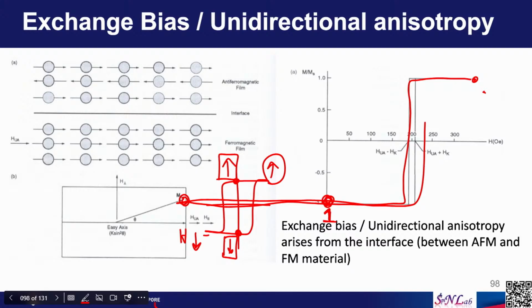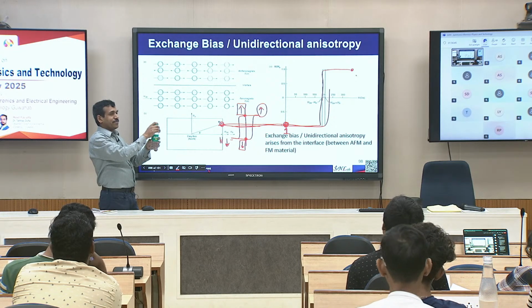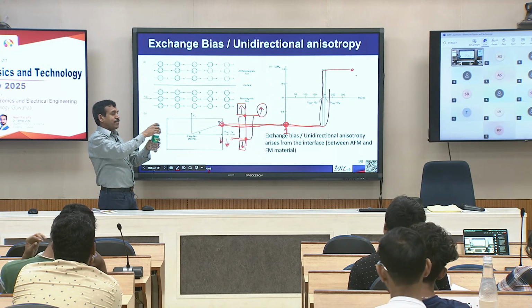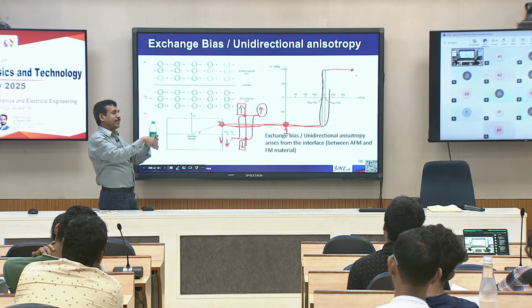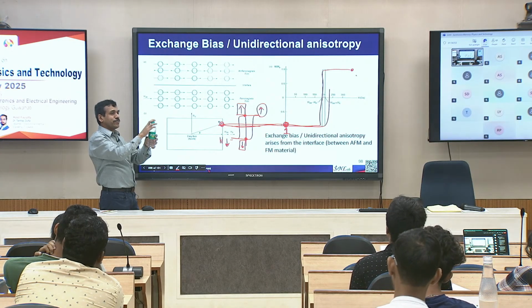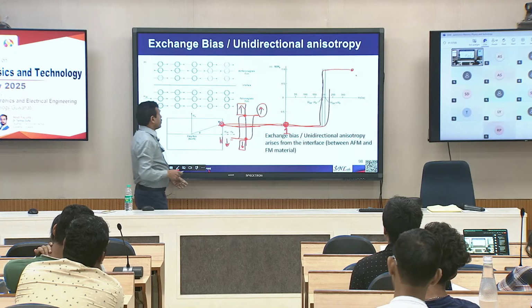That means, if I have something like this, my north pole is always going to be like this. Whatever I do, I apply very large magnetic field along this direction, if I remove it, my north pole is still going to be the same. I can never make this a south pole.